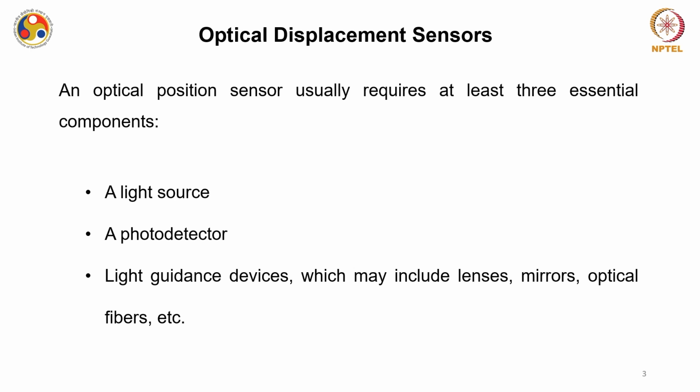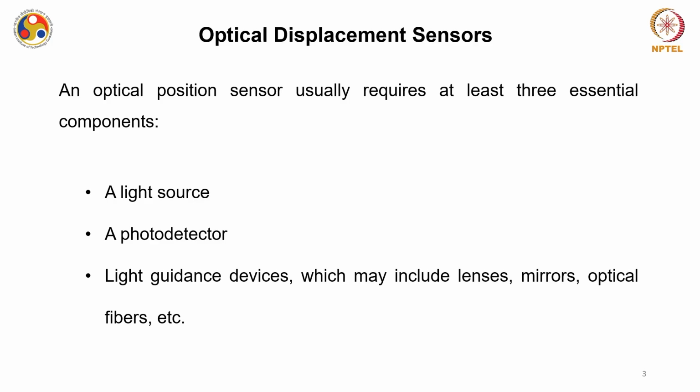You should have a light source, a detector usually in the form of photodetectors, and a light guiding device which can include some mirrors, some lenses, or, if it is fiber based, an optical fiber, or it can be waveguides also. Depending on what technique you are using, all these three components are present in your optical displacement sensor.